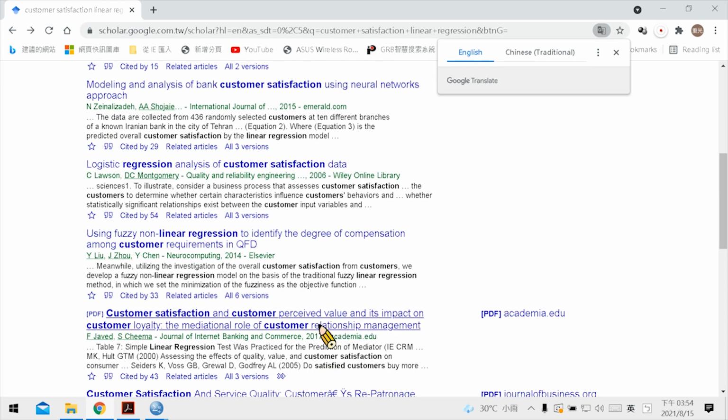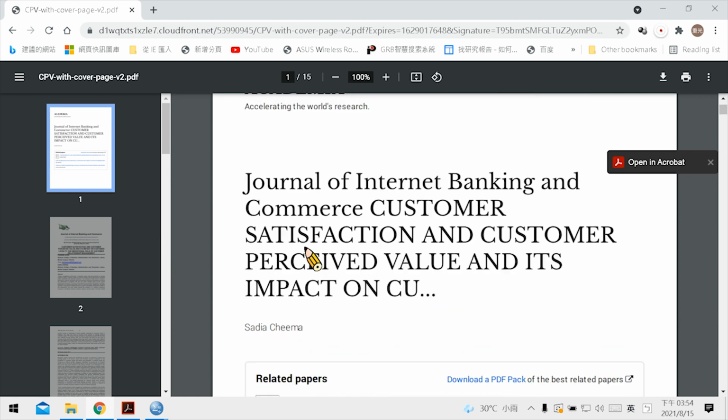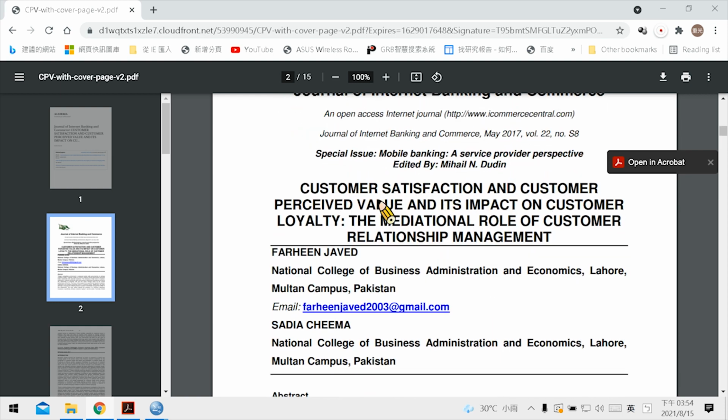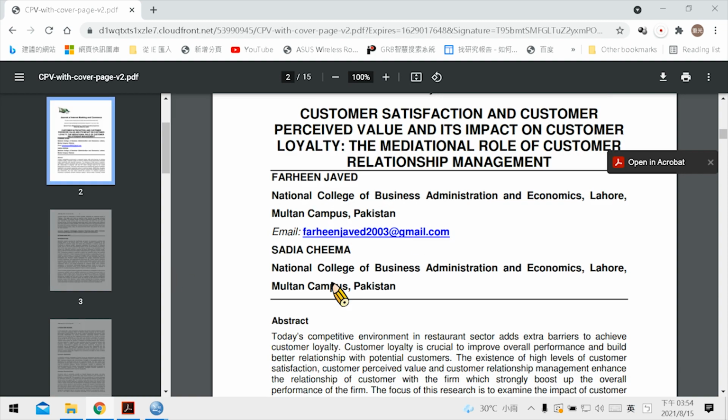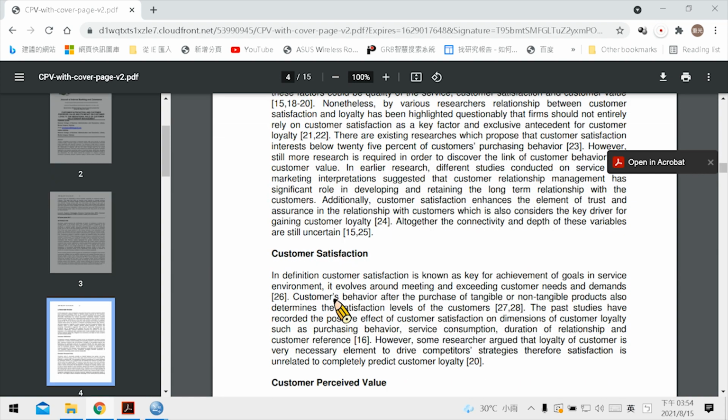Modeling, customer, see, oh, this one. This paper, Journal of Internet Banking and Commerce: Customer Certification and Customer Perceived Value and its Impact on Customer Loyalty, and the mediation role of customer relationship management. We will talk about mediation or moderation, these two, and how to run them in SPSS.